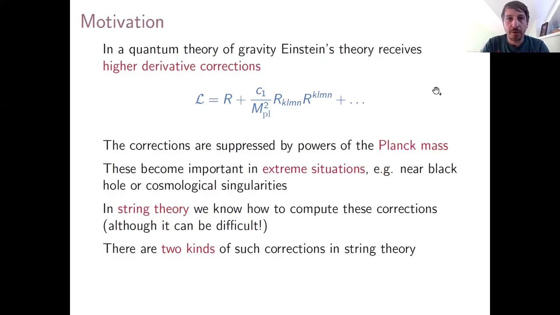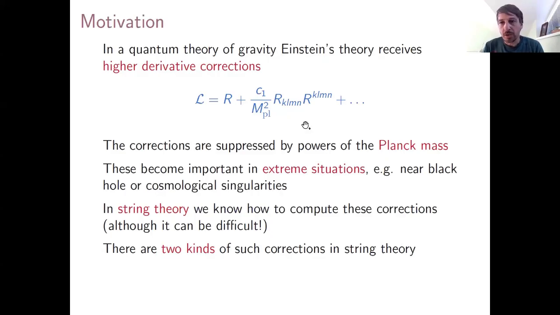So let me start with a few words of motivation. We know that in the quantum theory of gravity, Einstein's theory is just the lowest order action, and we have higher derivative corrections, and these will typically be suppressed by powers of the Planck mass.